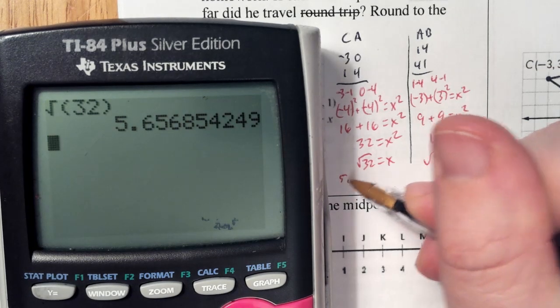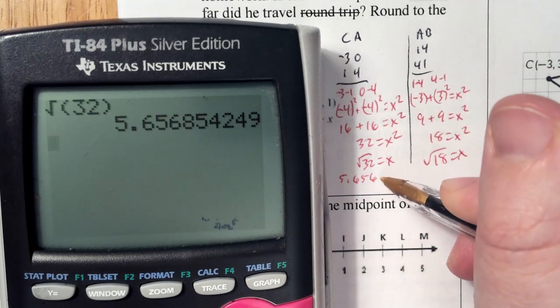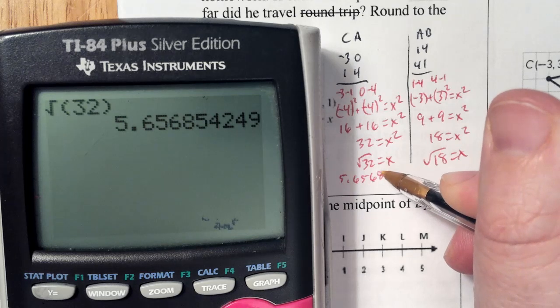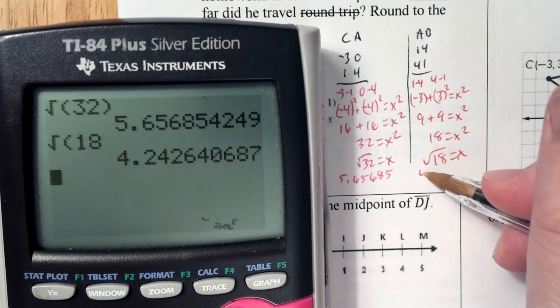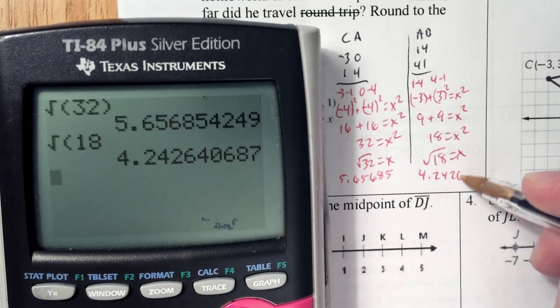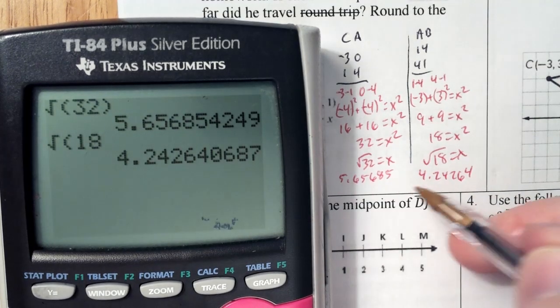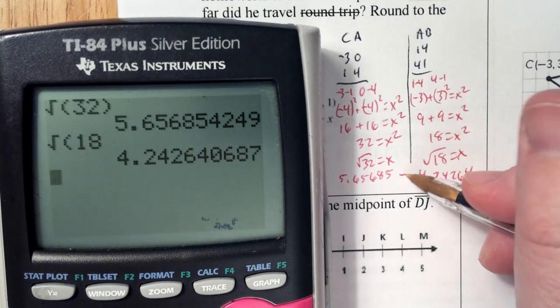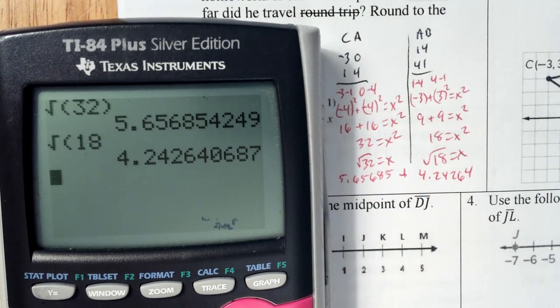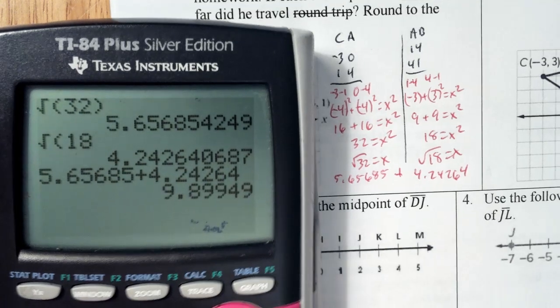So 5.65685, and the square root of 18 is 4.24264. So we're still doing our work, so we're not going to round yet. We're going to add those two numbers. So 5.65685 plus 4.24264. And we got this lovely number.